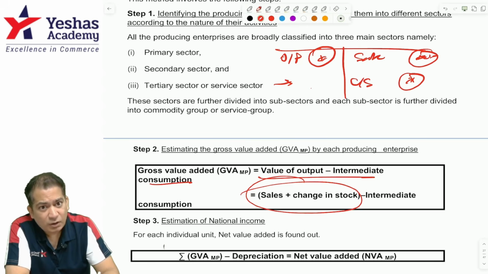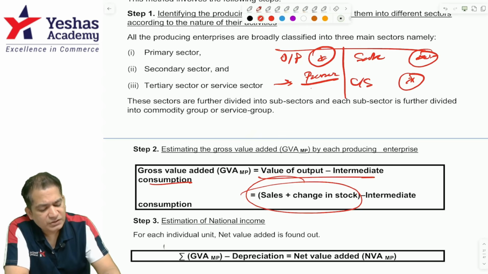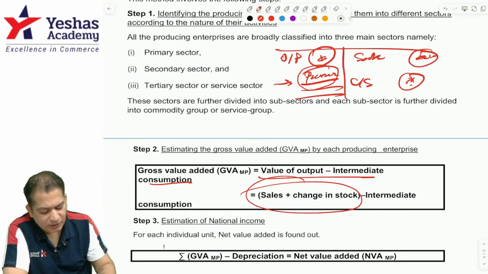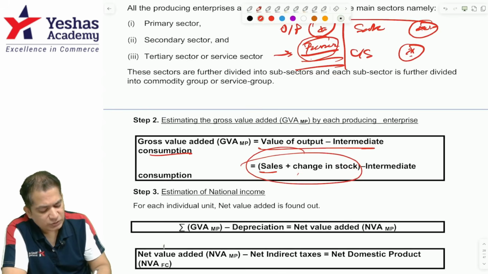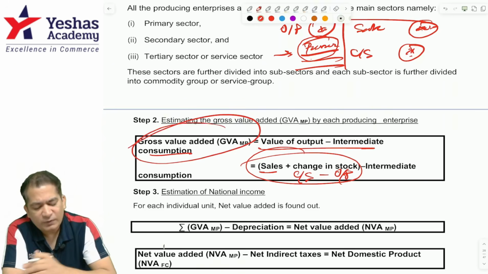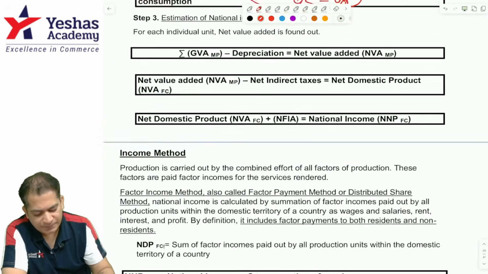But this is not entirely value addition. Here there will be intermediate consumption, that is nothing but purchase. So sales plus closing stock minus opening stock minus intermediate consumption, what you get is the gross value added. So national income through the value added method is determined in this way.